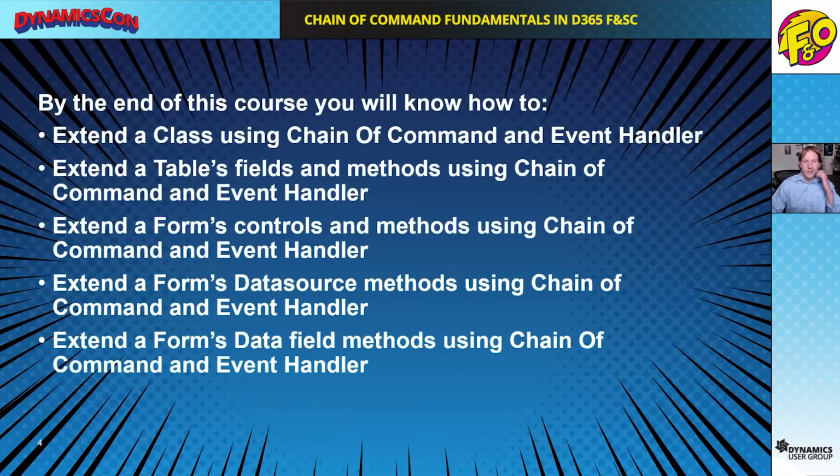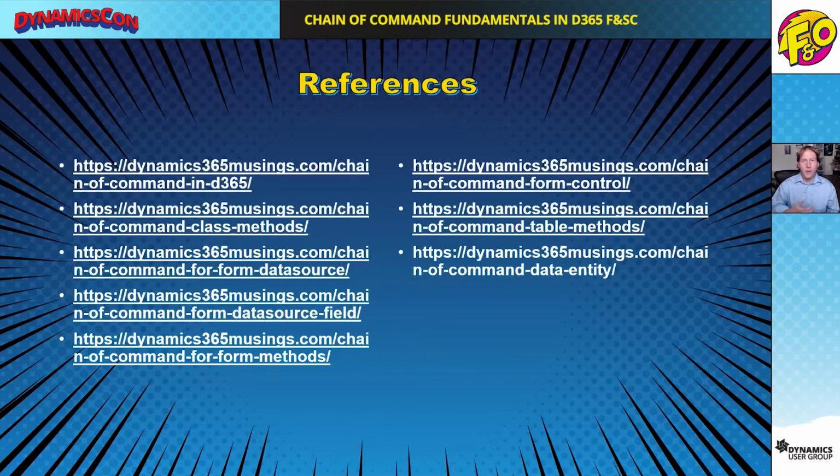Okay, so by the end of this course, hopefully you'll know how to use chain of command. You'll know what it is on a bunch of different types of objects: tables and forms, form data sources, form data fields, and classes as well. Chain of command is just really important. So before we really jump into the meat of this, I wanted to share all these different references.